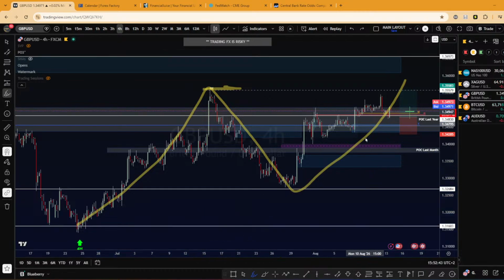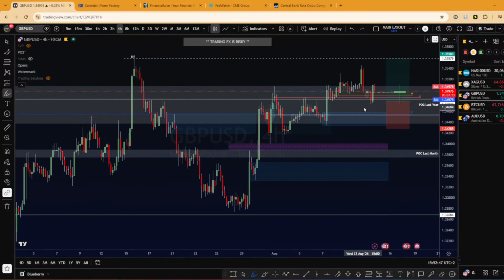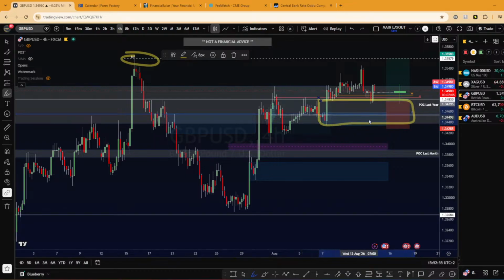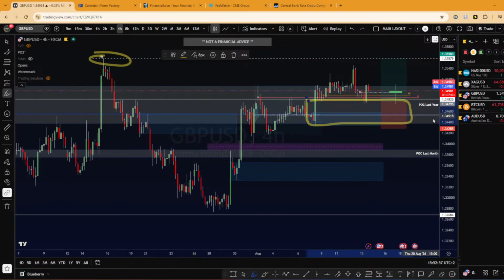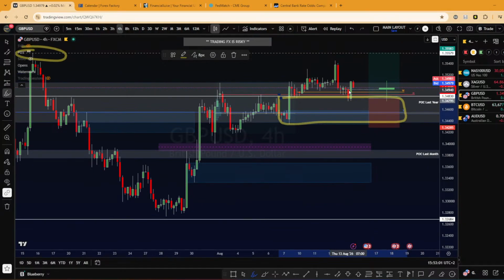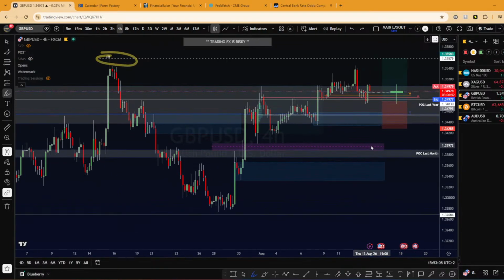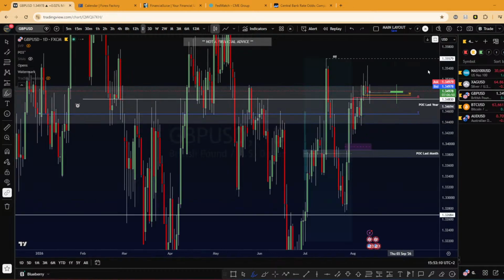But we are not there yet, so this could potentially be a target. That's why I marked up this level. So considering that the pound is strong, a retest here could be possible, but I'm not engaged on this one because of the ranging nature of this pair.